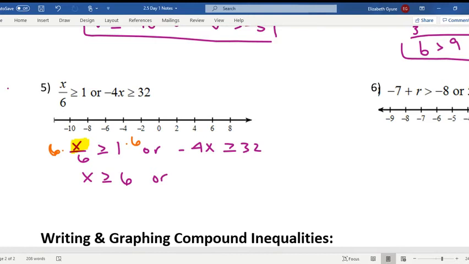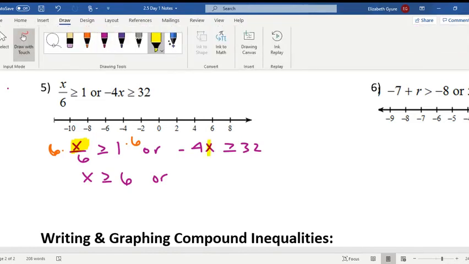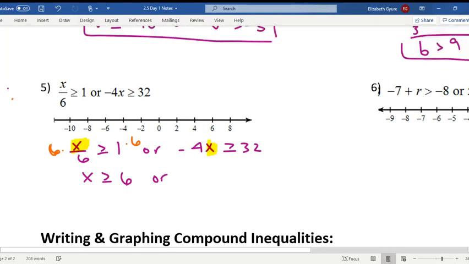Now we're on the other side. We have negative 4x is greater than or equal to 32. We want to get our x all by itself. Dallas, what would my opposite operation here be? Yeah, we're going to divide by negative 4. Good.